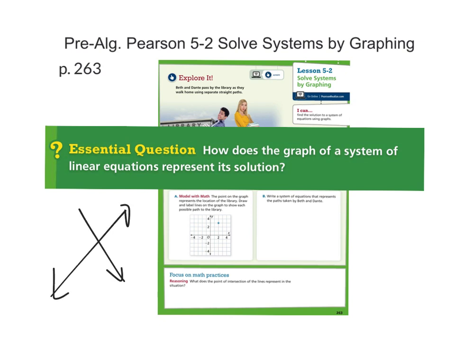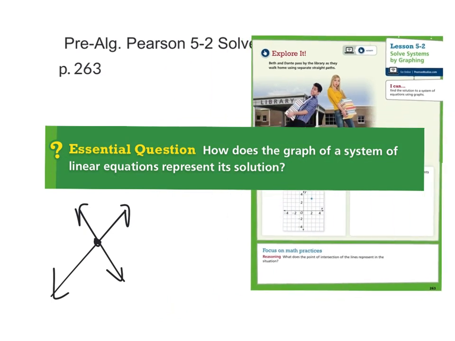If I graph two lines and try to find the solution, these lines could intersect at the point 2 1/4, 3 9/10. There's no way I'm going to be able to tell that that's the intersection point by looking at my graph.